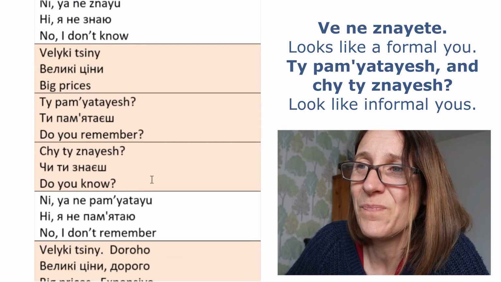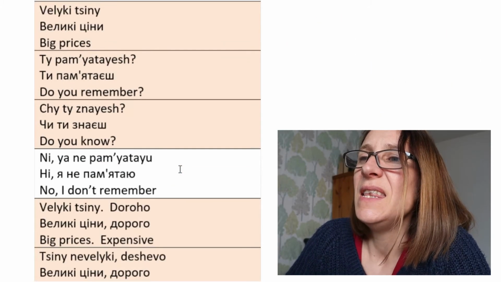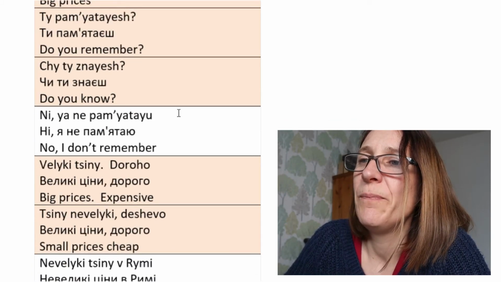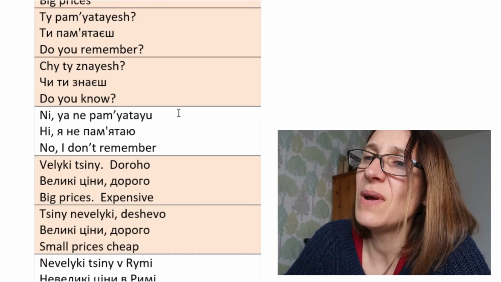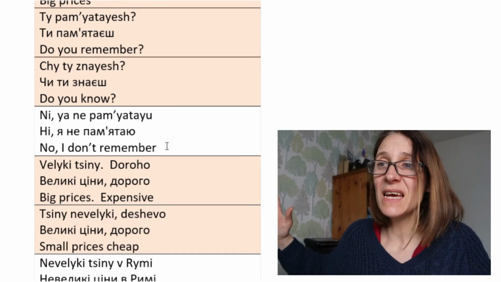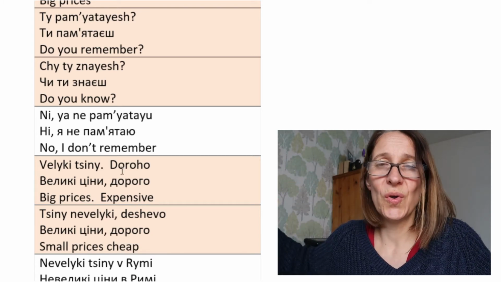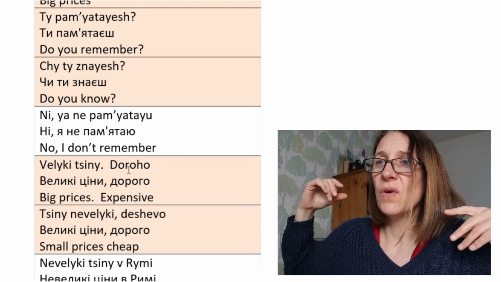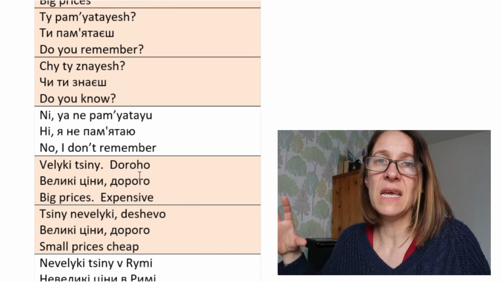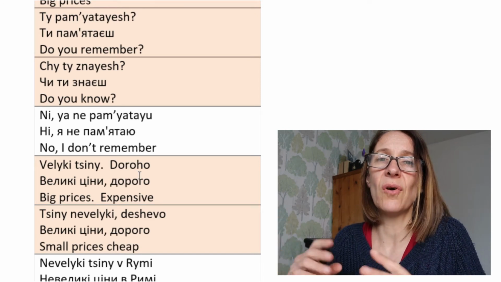Do you know? Nie, ja nie pamiętaju. No, I don't remember. That's quite nice. Pamiętaju. Veliki ceny doroho. Okay? So I would probably put that there on a card for myself. Veliki ceny doroho.